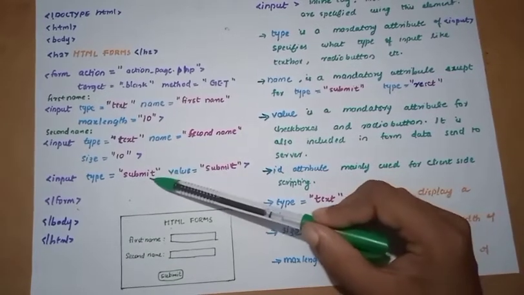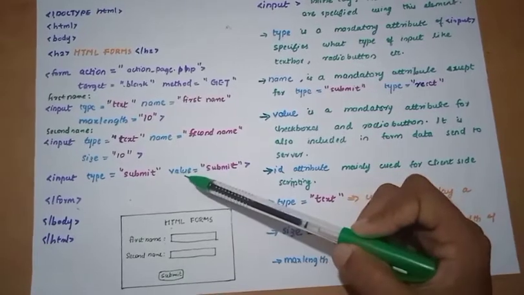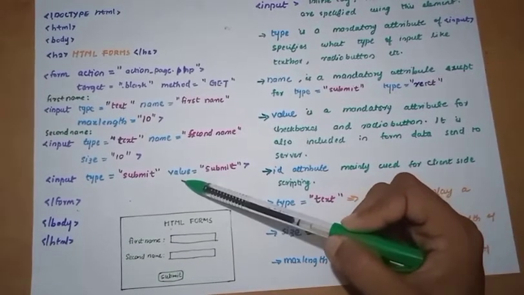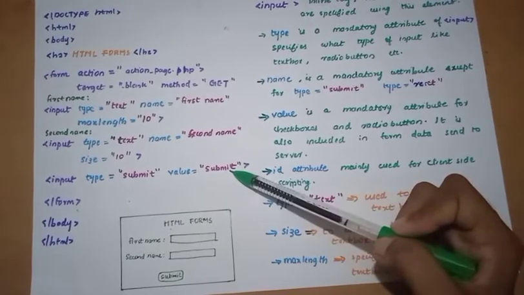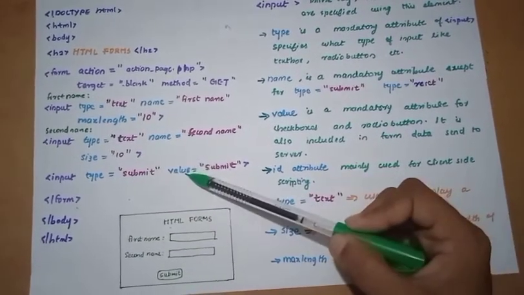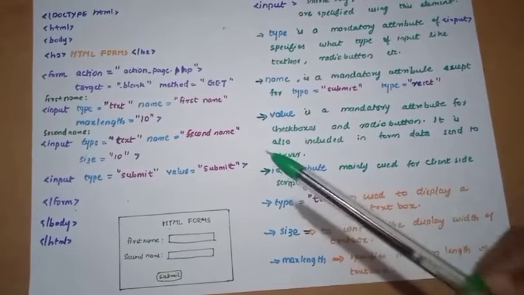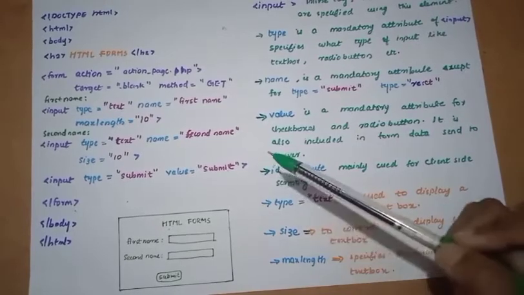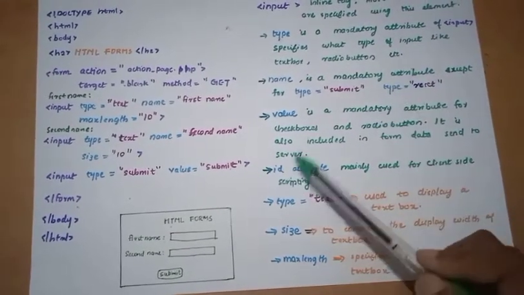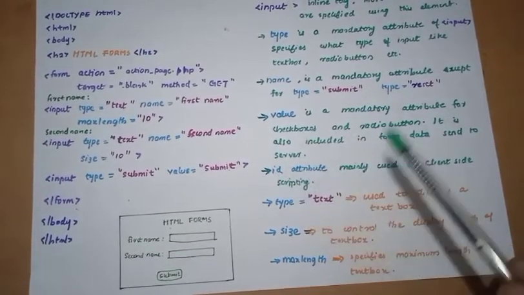Like our submit is actually a button, so for implementing this button, we have to add its value. Likewise, if we are adding a checkbox, then we have to mention the value as what this checkbox displays or what it means. Okay. Then the ID attribute is another attribute in the form.